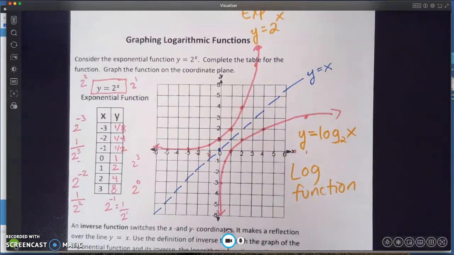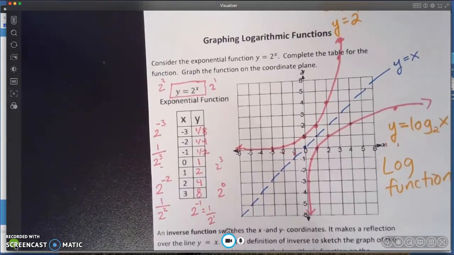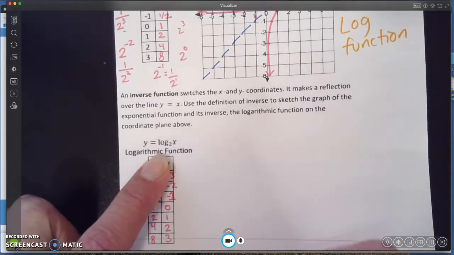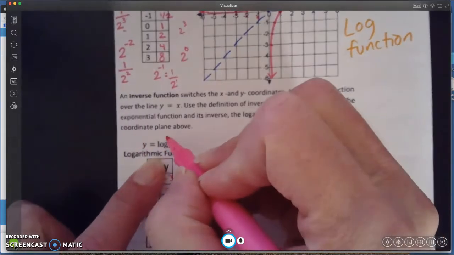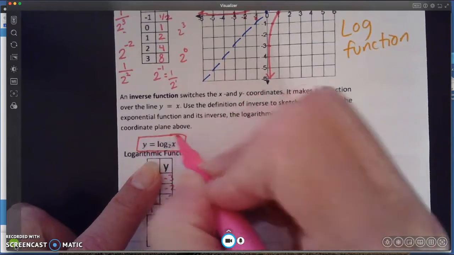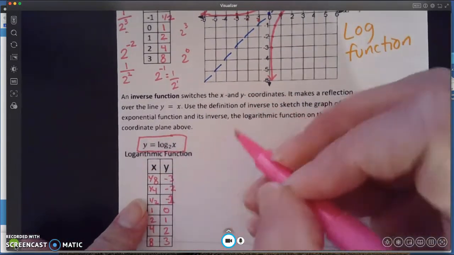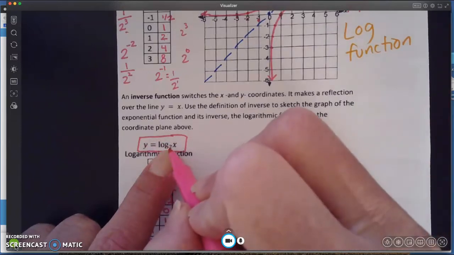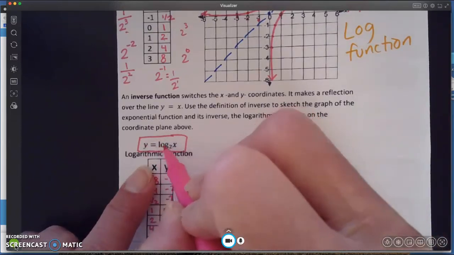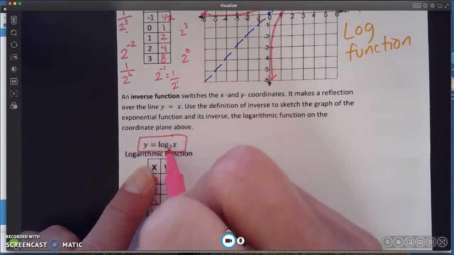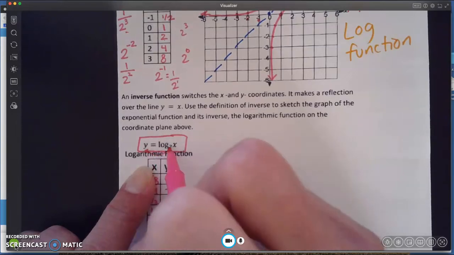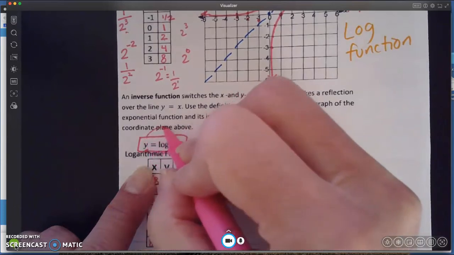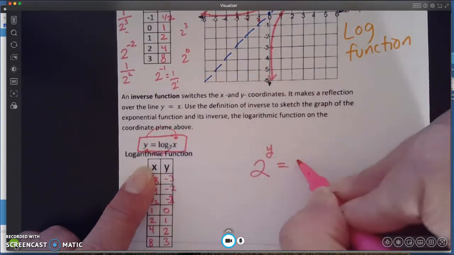Alright. And then the other thing I wanted to show you is the reason why a log function is the inverse of an exponential function. If we were to really try to come up with the points down here, we would have taken that 2. And so in this instance, the log is on the right side of the equation, so I'm kind of going this direction now. So I'm taking that 2, I'm going to raise it to the outside, which is the y, and then it's going to set equal to the x.